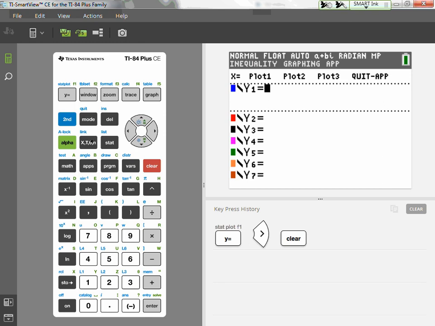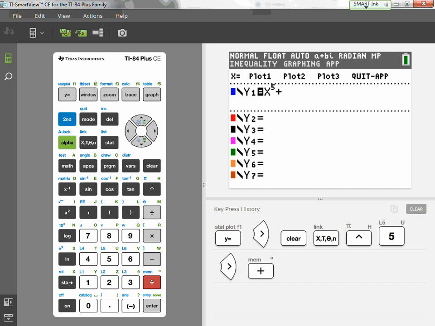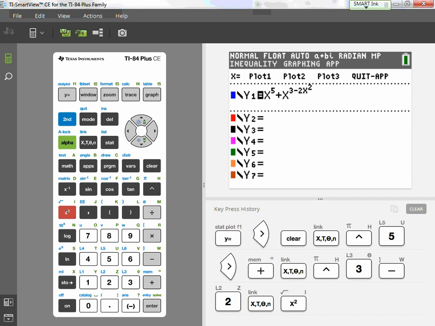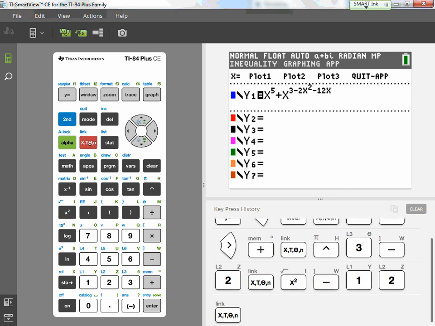We have x to the 5th plus x to the 3rd minus 2x squared minus 12x minus 8.